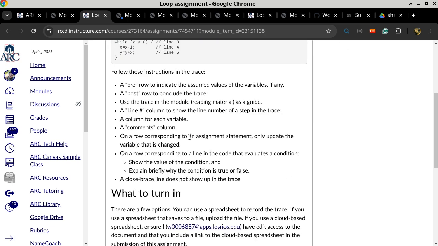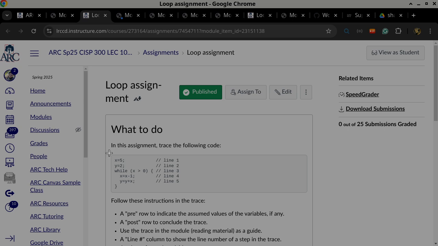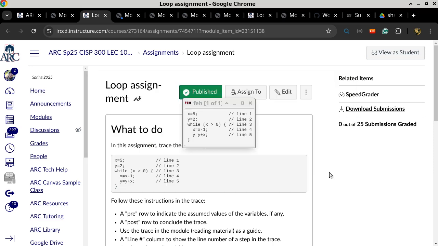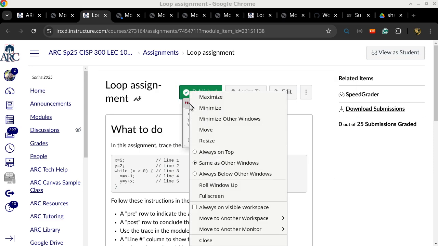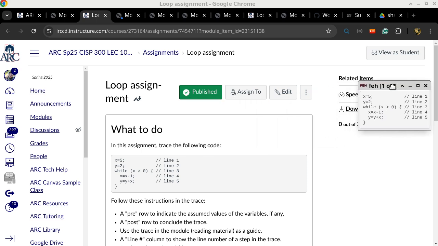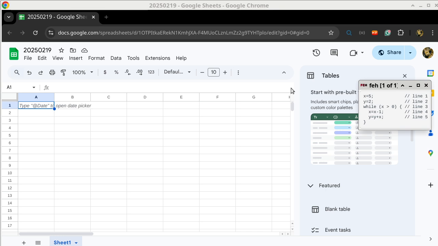And I think I remember the rules that need to be followed, so I think I'm okay with that. So this is what I'll do. Just use a screenshot tool, take a snapshot of this, open the bitmap on its own, and then I can now switch to the spreadsheet so I can actually trace it in the other sheet. So that is this one here. There we go. All right.